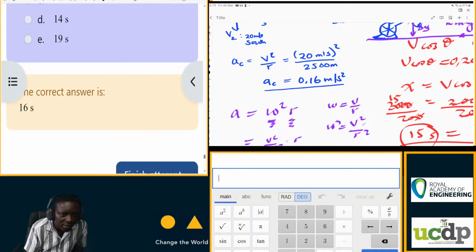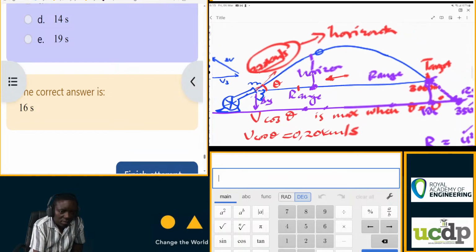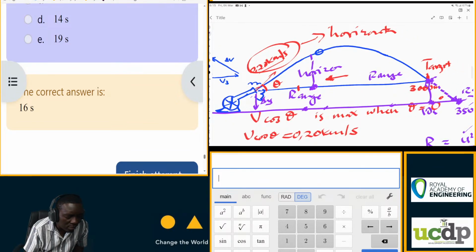Regarding the projectile motion, I want to understand this. If we are projecting a body, we are treating the horizontal motion and the vertical motion respectively. Our horizontal motion is constant, while our vertical motion changes throughout the trajectory.